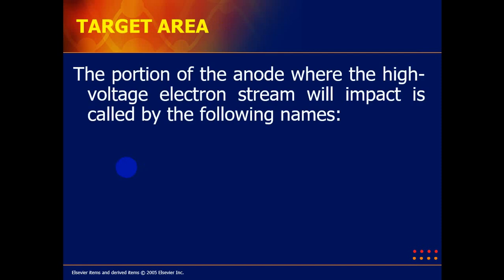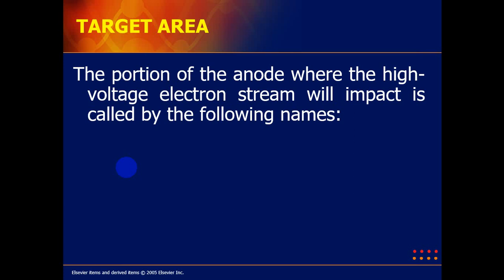Target area. What I said earlier, from the filament, the electrons will travel, or will be attracted, to the target area. The area to which the electrons from the filament are attracted is the target area, which is a part of the anode assembly.